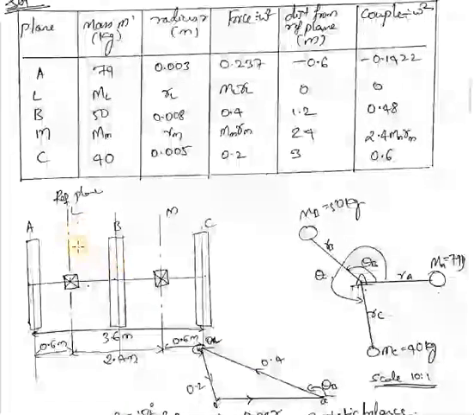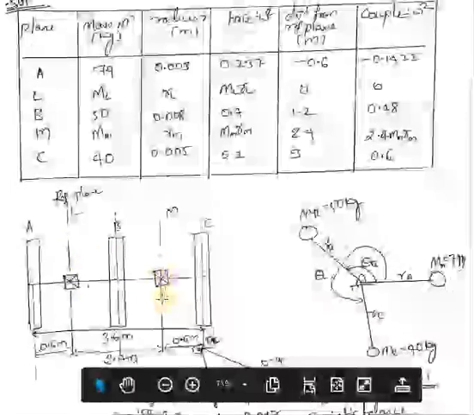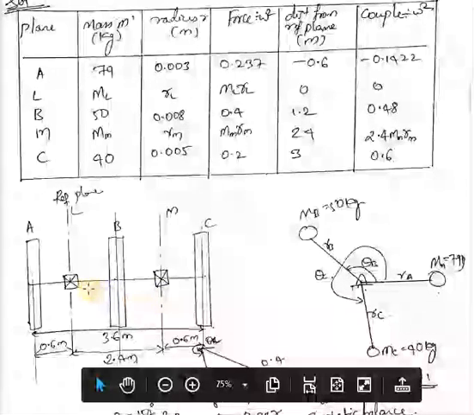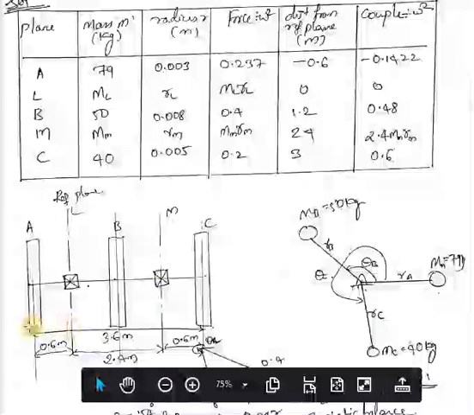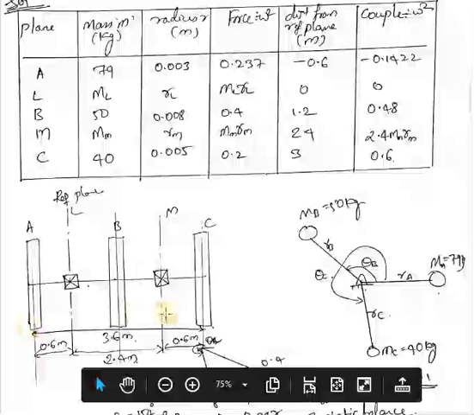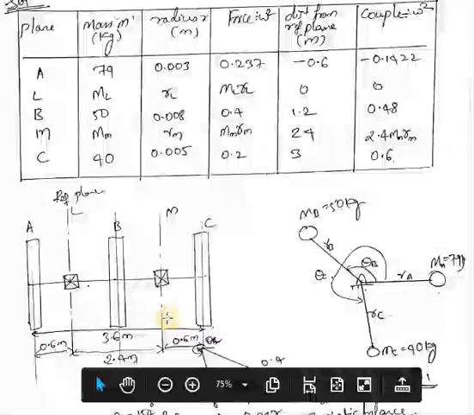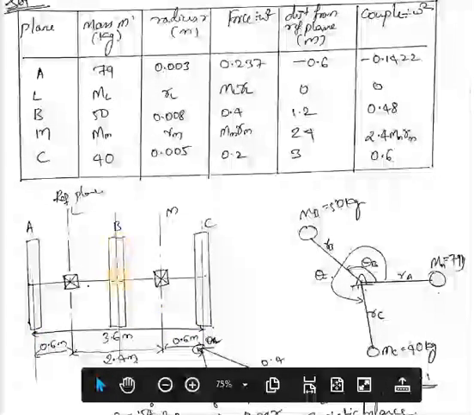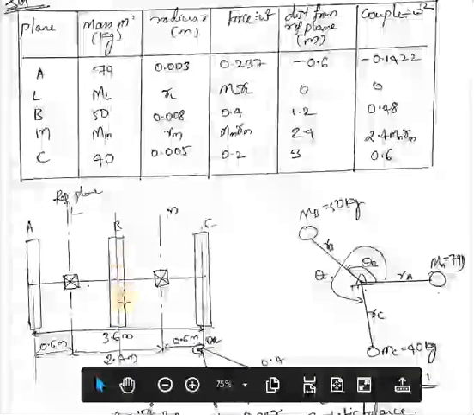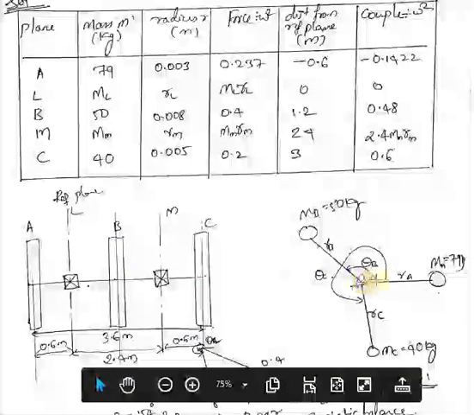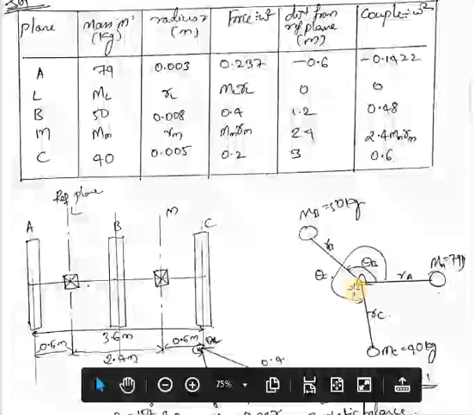So here I have taken 2 reference planes L and M, which are at a distance of 0.6 meter from A and 0.6 meter from C. And this B is at the midpoint of the shaft. This is the space diagram.